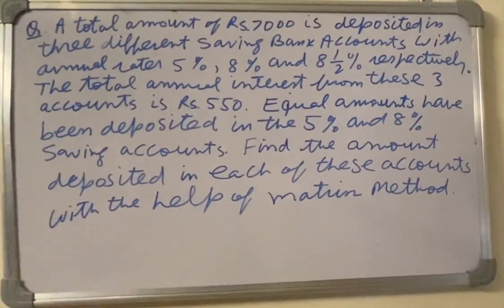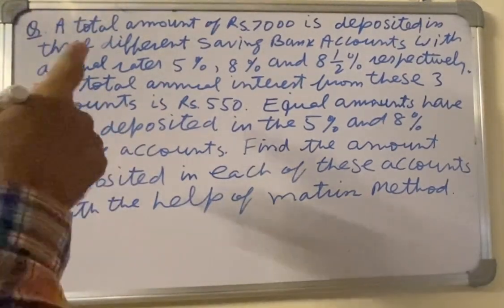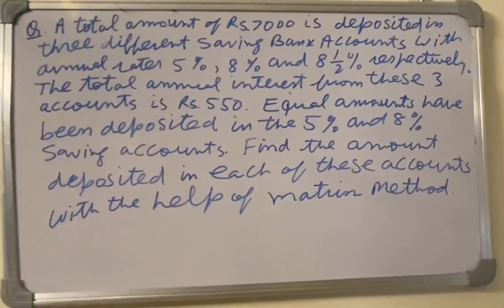A total amount of rupees 7,000 is deposited in three different saving bank accounts with annual rates 5%, 8% and 8.5% respectively. The total annual interest from these three accounts is rupees 550.